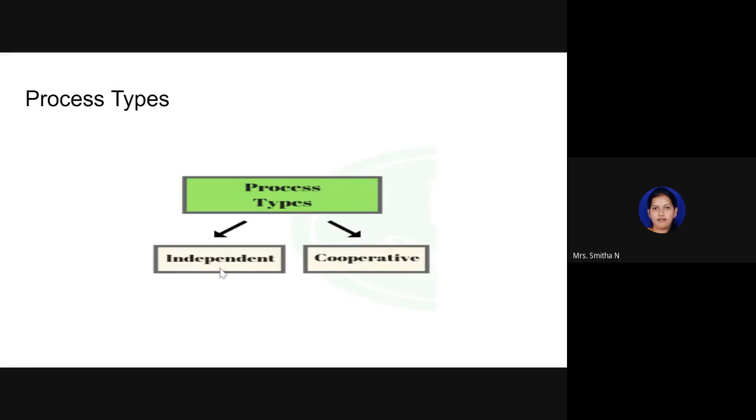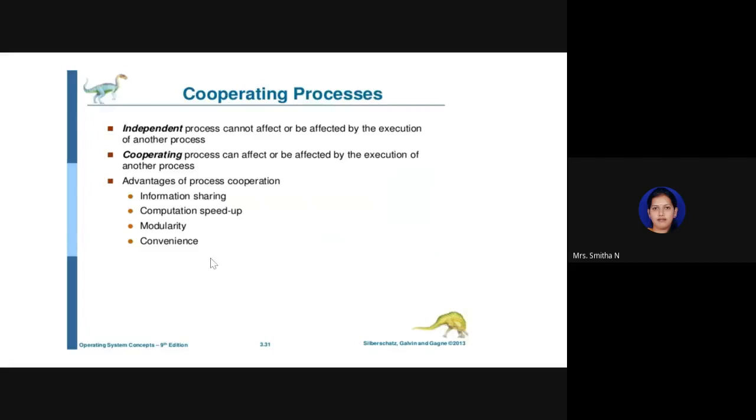Independent process means they don't affect any other process. If you have n number of processes running in your system, independent processes are those whose execution will not affect any other process, or any other process cannot affect an independent process.